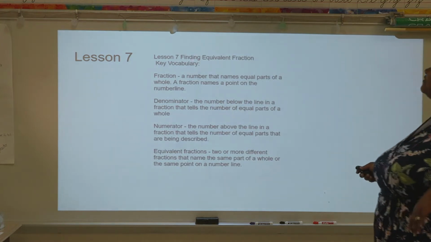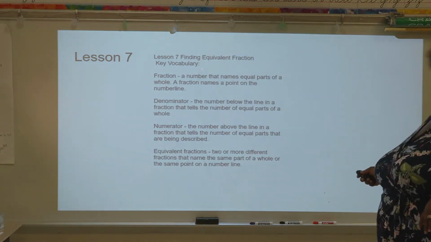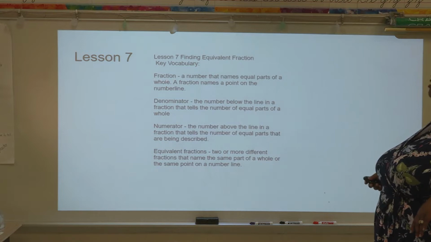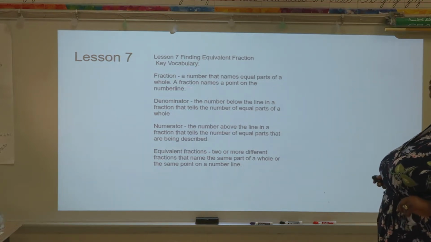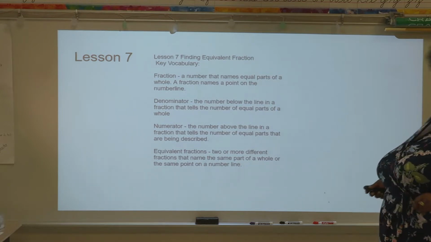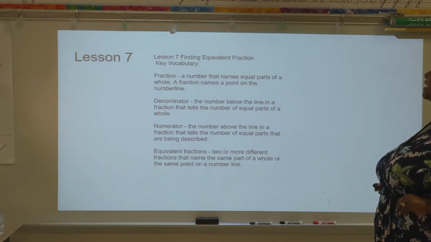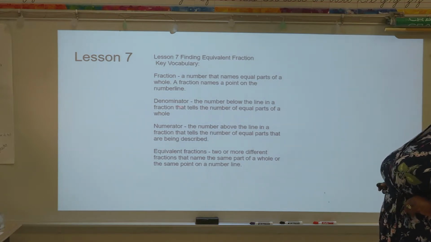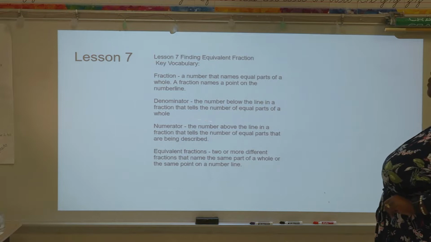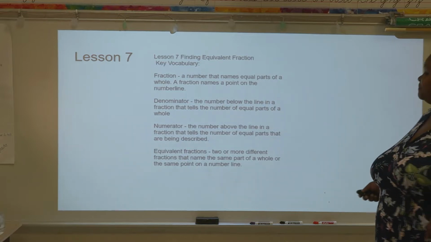Vocabulary. Find the equivalent fraction key vocabulary. Fraction: a number that names equal parts of a whole. A fraction names a point on the number line. Denominator: the number below the line in a fraction that tells the number of equal parts of a whole.